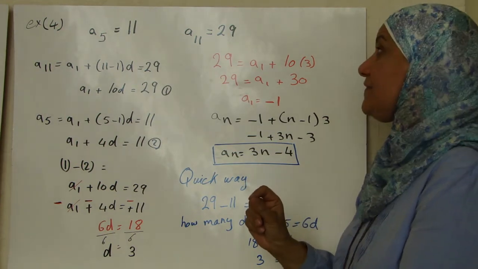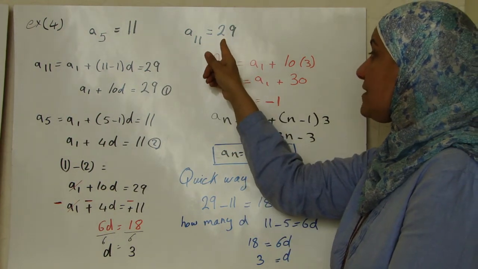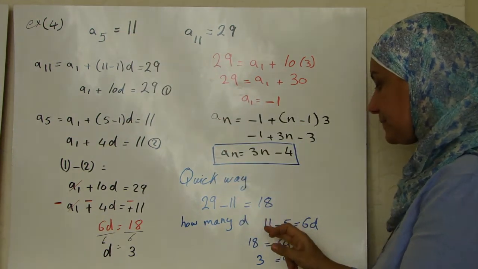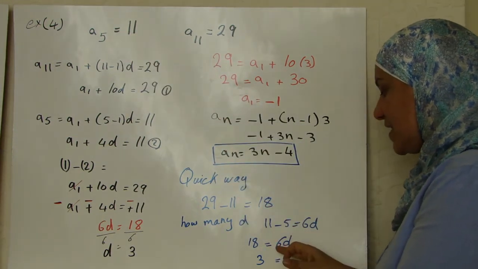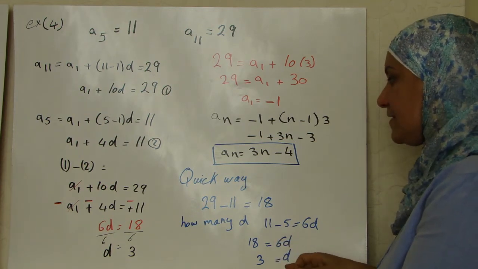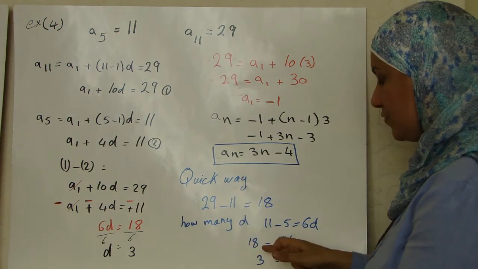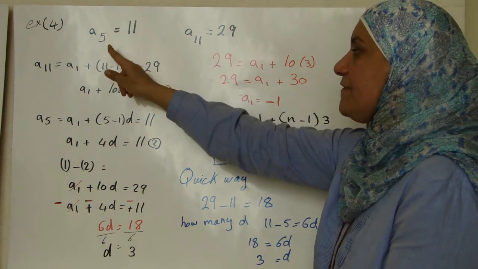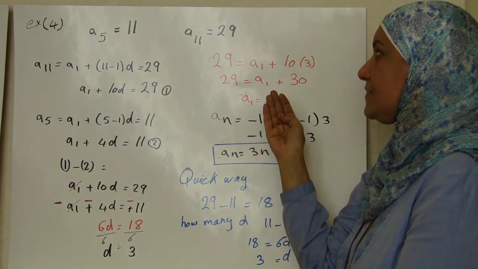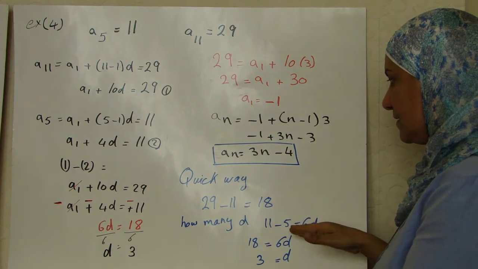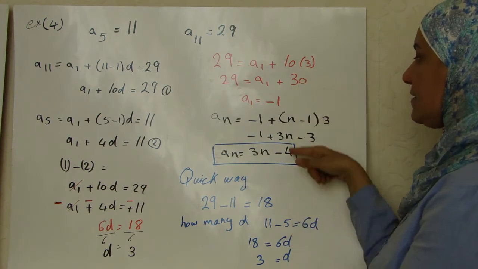Those 6 differences make up the change from 11 up to 29, which is 18. So 18 is equal to 6 differences. So easily I'm going to say, okay, then the difference is 3. Instead of having all this, I'm going to do it in one step. a11 minus a5, 6 differences, 29 minus 11, then the 6 differences equal 18. And then you get the d, and continue with the same thing.